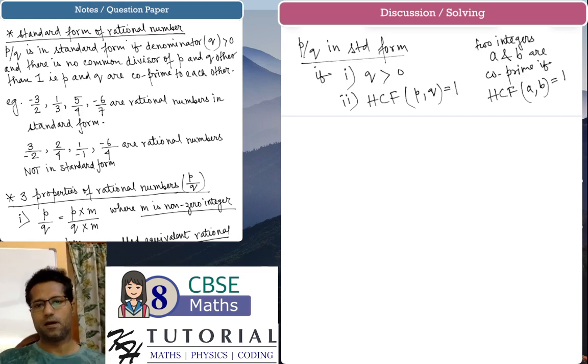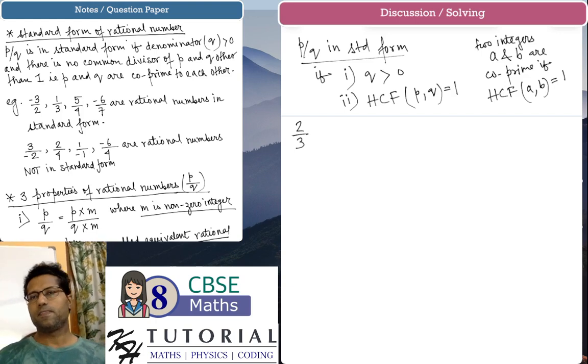Let's say I have a rational number 2 by 3. Now if any given rational number is not already in standard form, it will definitely mean that there is a common divisor between the numerator and denominator which is not equal to 1.